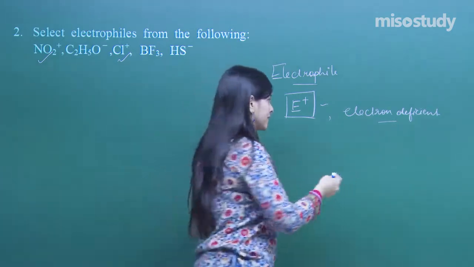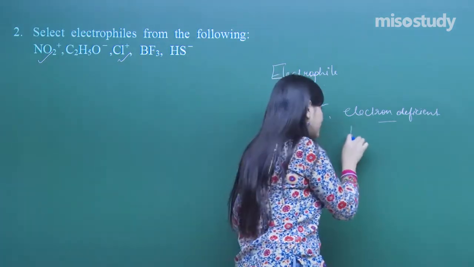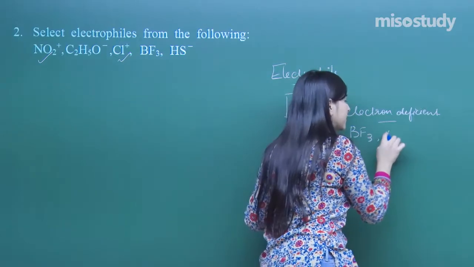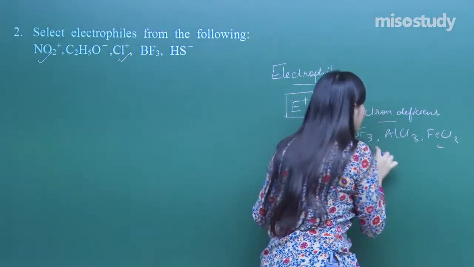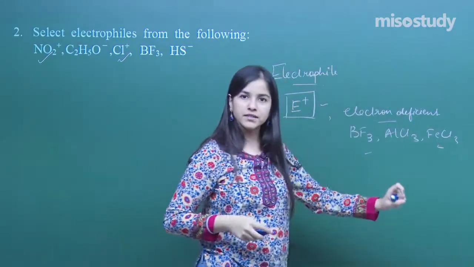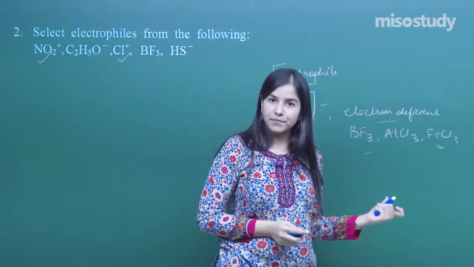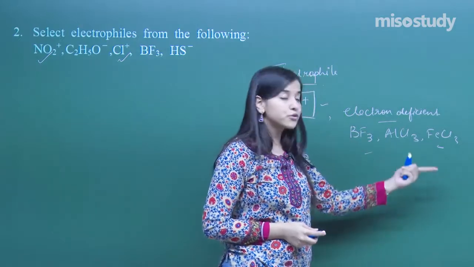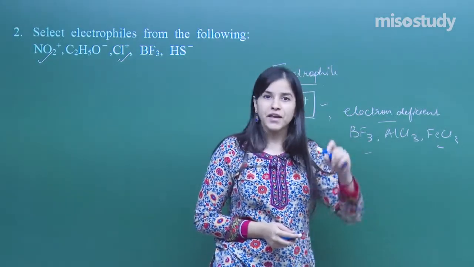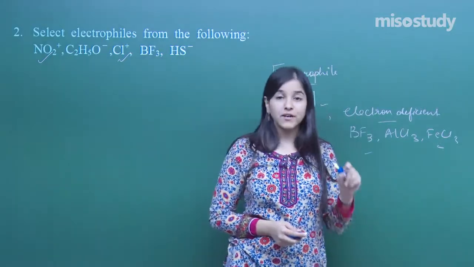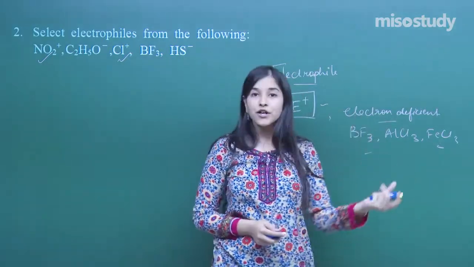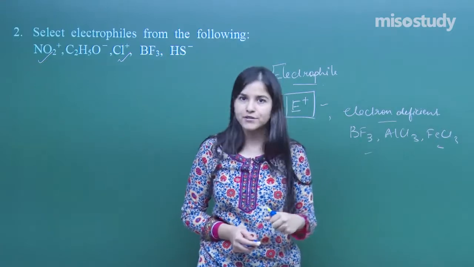It can be a carbene, it can be BF3, AlCl3, FeCl3 and so on. These have no octet completion, and due to this they will have electron deficiency and can act as an electrophile, the species which is ready to take the electrons.